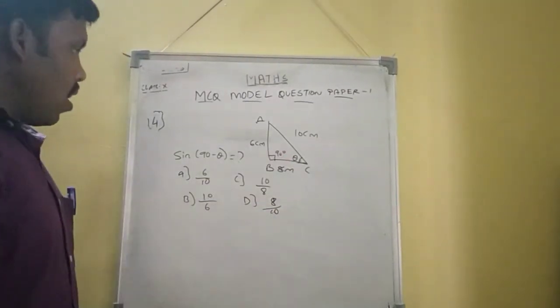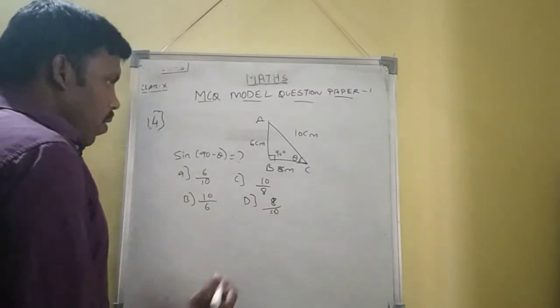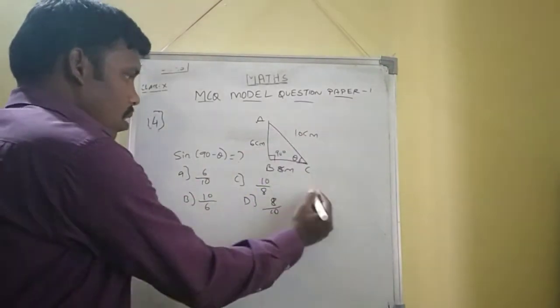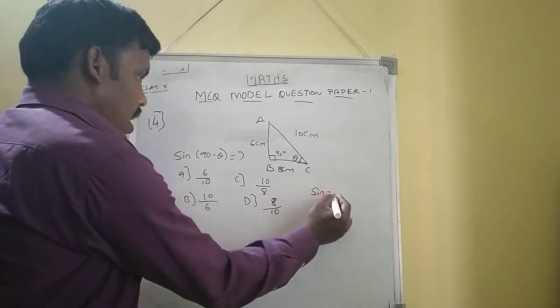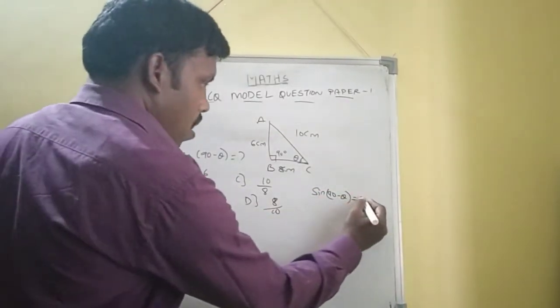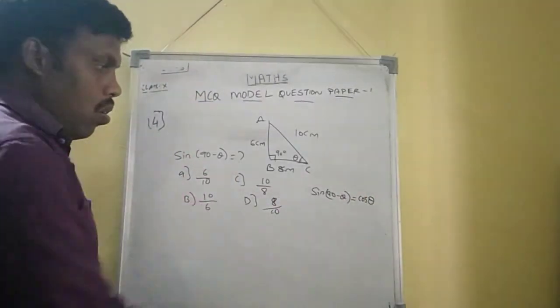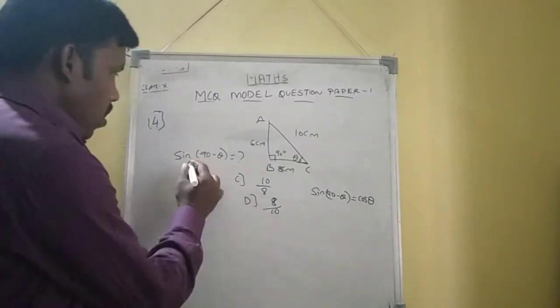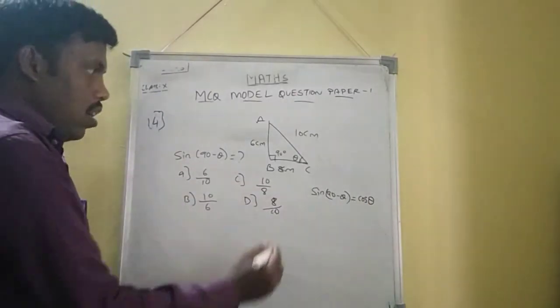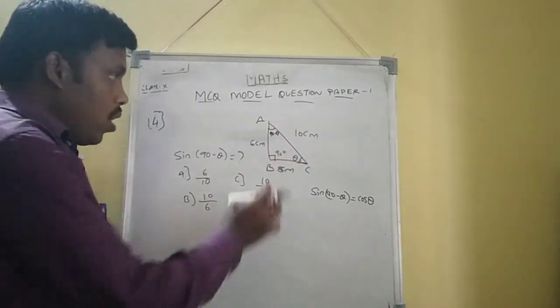So we have to find what is the value of sine 90 minus theta. We know for complementary angles, sine 90 minus theta is nothing but equal to cos theta. Sine 90 minus theta is equal to cos theta. So for sine 90 minus theta, you should take A as the reference angle.